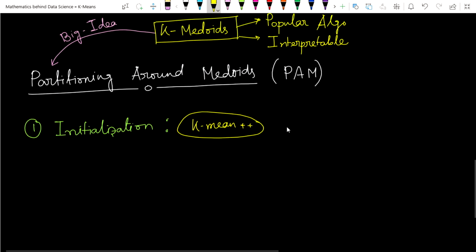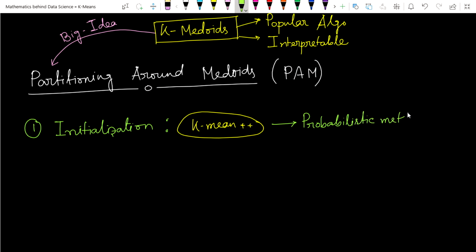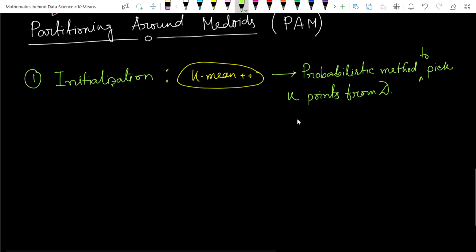K-means++ is the probabilistic method to pick K points from D. We have already learned this, and it is a very popular one.